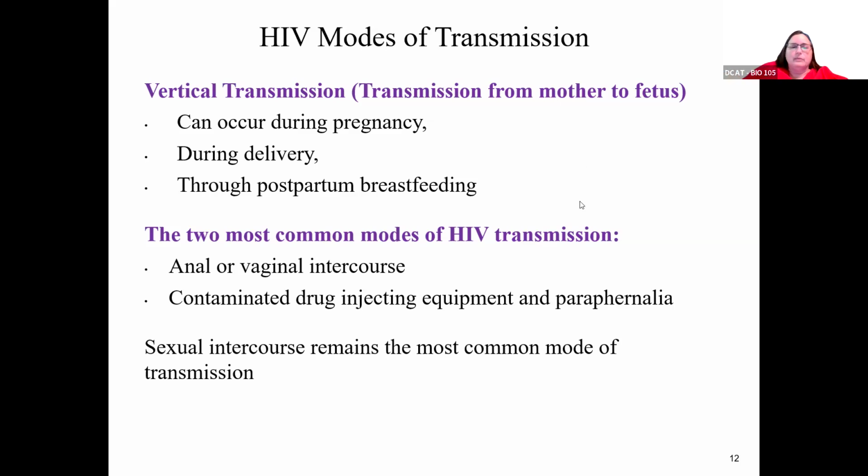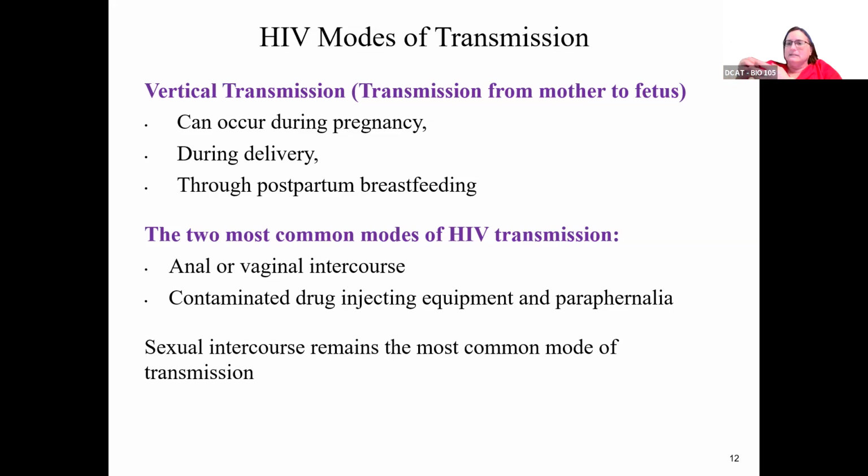So what do we mean by drug injection equipment and paraphernalia? What that means is anything that drug addicts use to mix their medications, draw up their medications, and give it. So it could be the syringe or the needle itself. It could be the spoon that they cook it with, okay? Because that spoon can have the contaminated liquid in it from the needles and the injections.